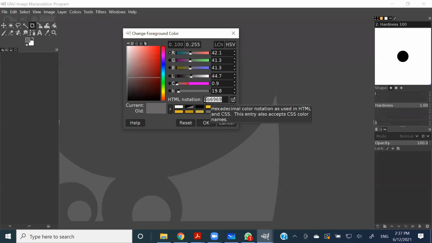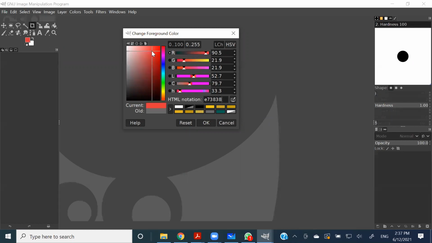This entry also accepts CSS color names. Now, hexadecimal values are one application of the number systems that we learned, which is practically used inside the computer, right?